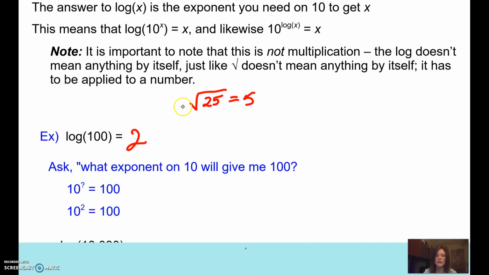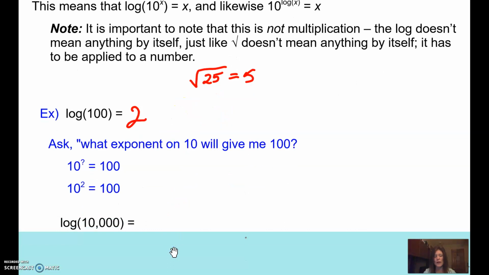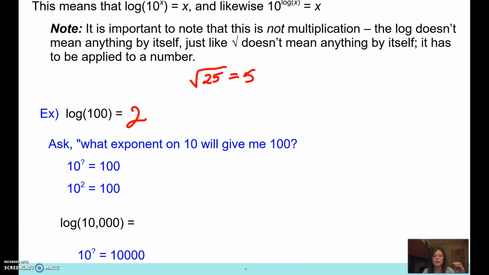All right, let's look at another one. What about log of 10,000? Well, it's the same question. It's 10 raised to what power will equal 10,000? One nice little trick about tens is that 10 to whatever power, that power is telling you how many zeros you have. 10 to the first is 10, 1 zero. 10 squared, we just saw, is 100 with 2 zeros.